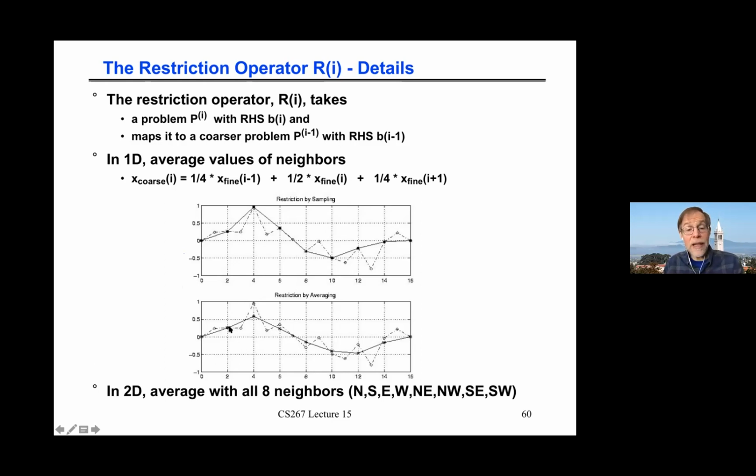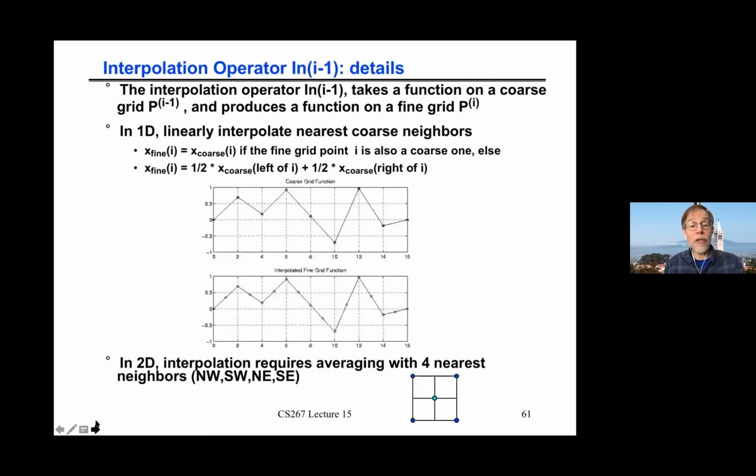But you can get a better convergence by letting this point be 1/2 times the fine point where it sits, plus 1/4 times the nearest neighbors. And that's a slightly better approximation. And that's what you use in multigrid in practice. And in 2 dimensions, you have to average with all 8 neighbors, your north, south, east, and west neighbors, and your northeast, northwest, and so forth. But it's easier to draw in 1D. So that's the restriction operator.